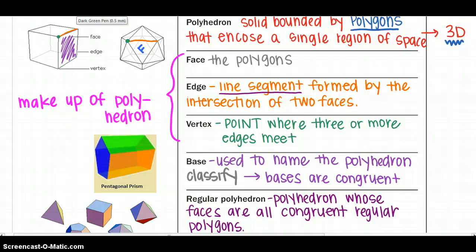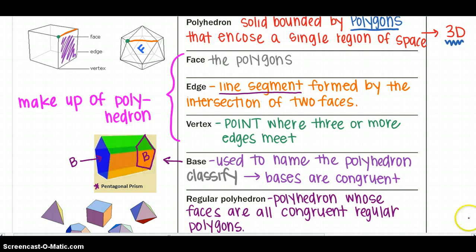And we know that the bases are congruent. So if you look to the right over here, I have a pentagonal prism, and because it has pentagon bases, that is why I can label it as a pentagonal prism, because it has bases that are congruent and that are pentagons.